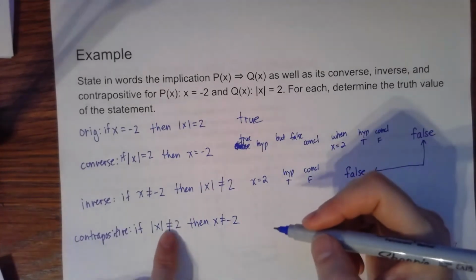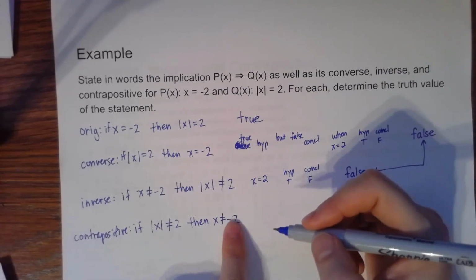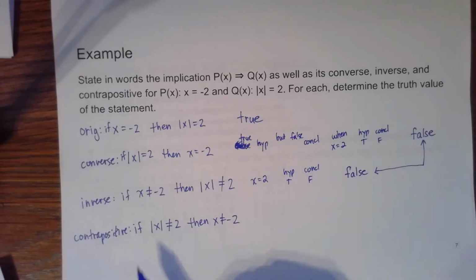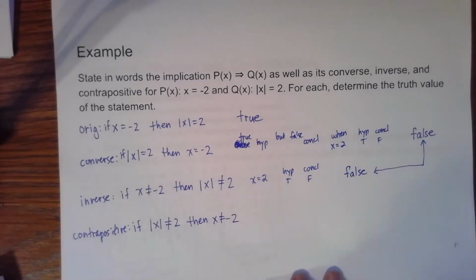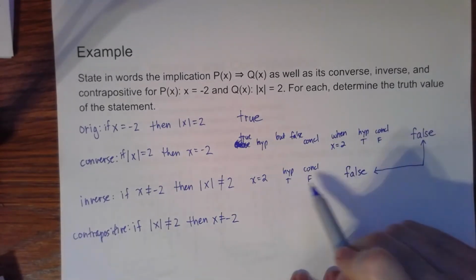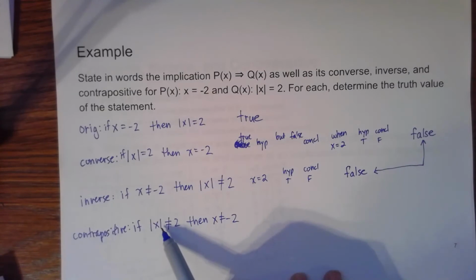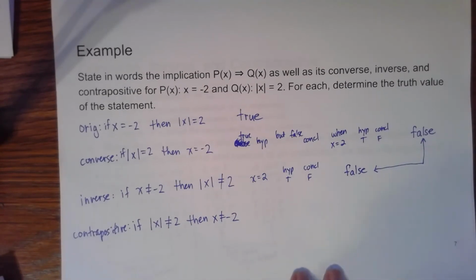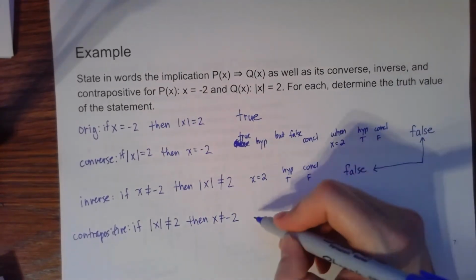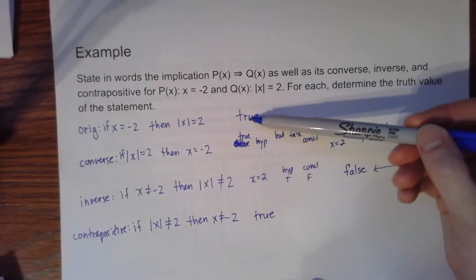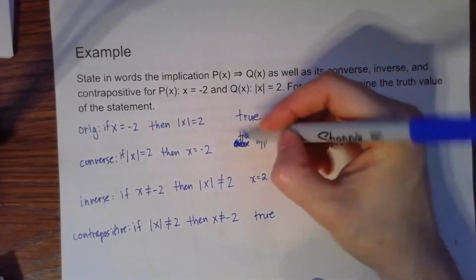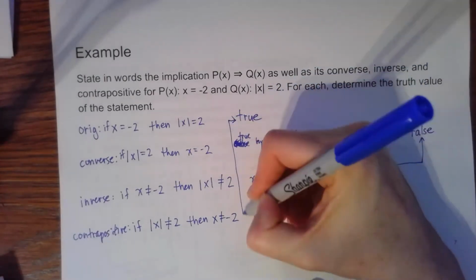Anytime that this one is true, we have to get this one as true as well. If this one were false, that one would also be false. So there's no way that we can ever get a true hypothesis and a false conclusion. So this will give us a true statement, which it should because it's logically equivalent to the original. So these two should match just like we have found they do.